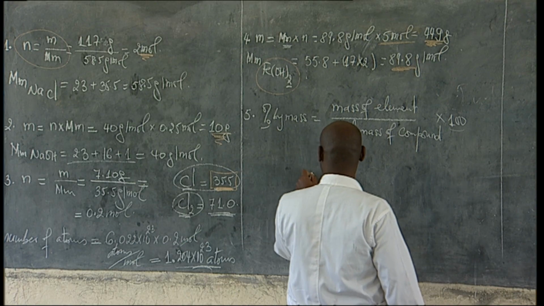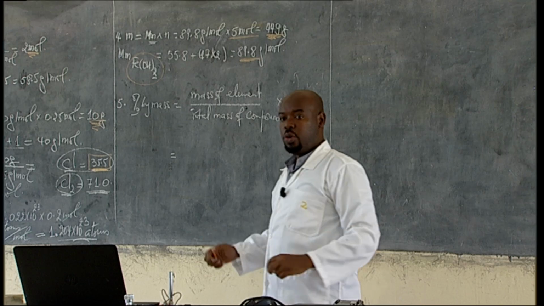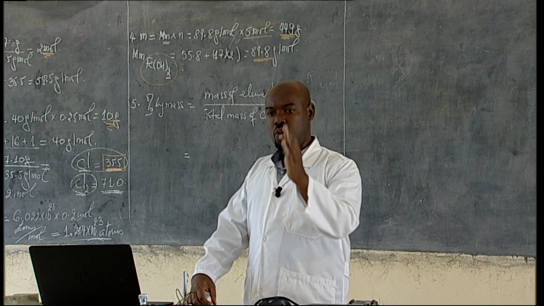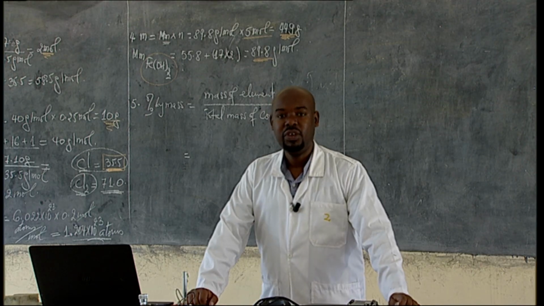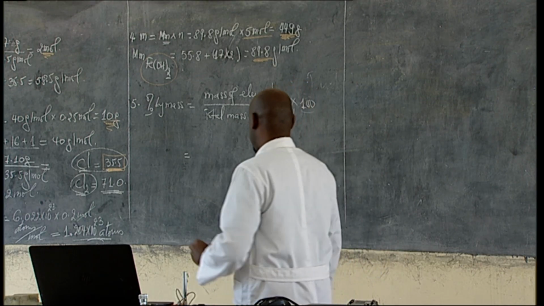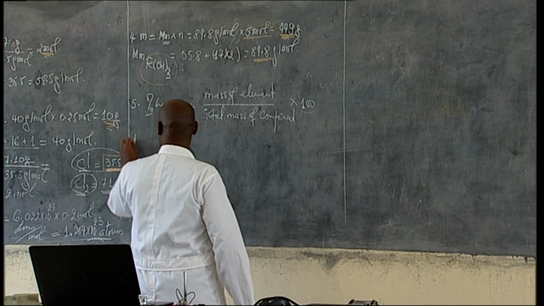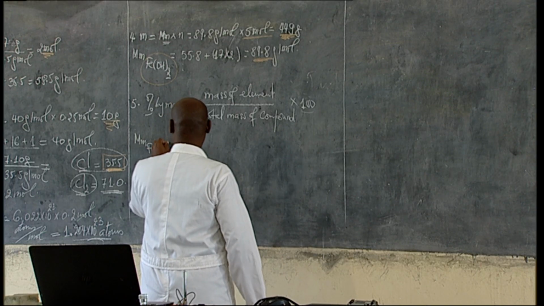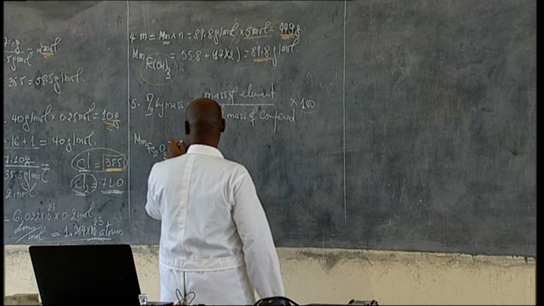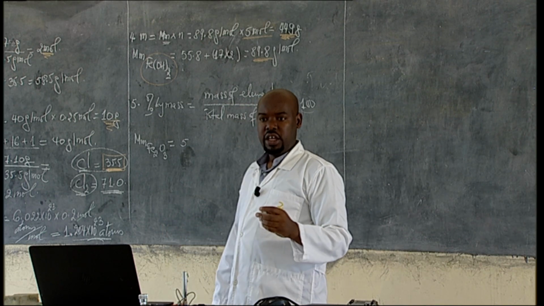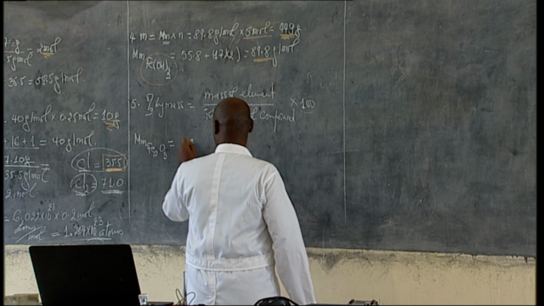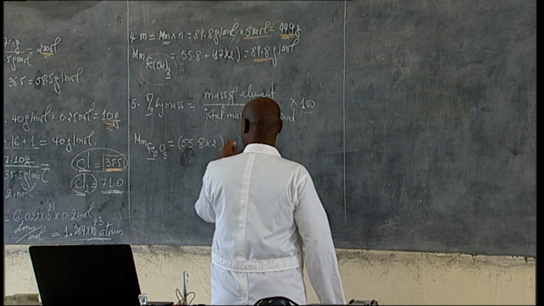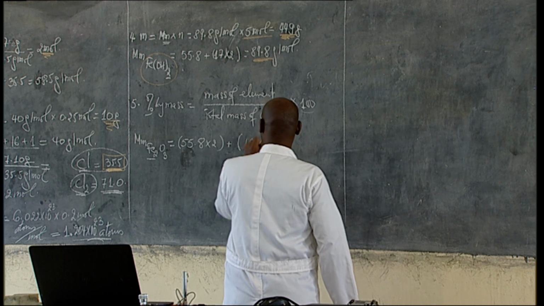And how do we get this? Do we have the total mass of the compound? We have to, because there is no mass given, we have to calculate what? We use the molar mass of the compound. How do we get the molar mass of the compound? Let's say molar mass of iron 3 oxide is equal to... Have they given the atomic masses? Yes, it's 55.8 times 2, because we have 2 of them, plus 16 times 3.